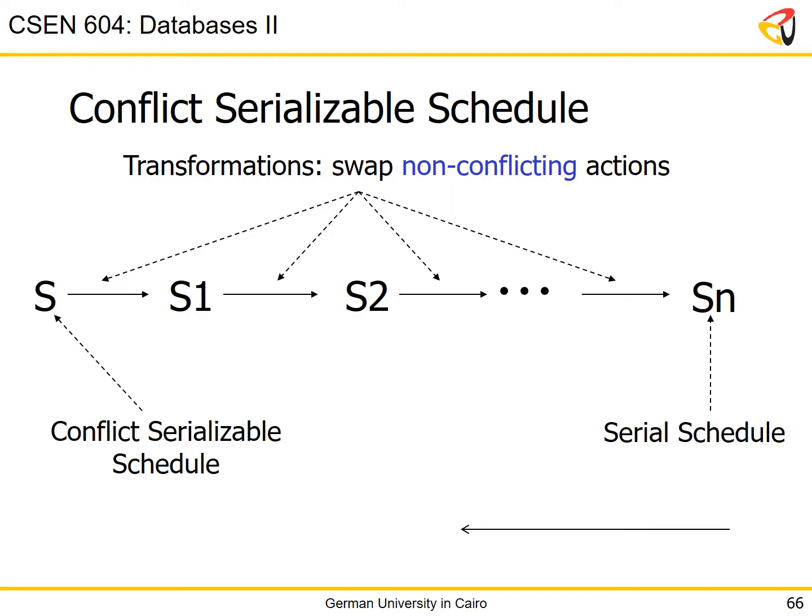It will put the reads and writes, T1 first, followed by T2, followed by T3, or T3 first, followed by T2, followed by T1, and then it will swap non-conflicting steps until there are no further things to swap. And then it will run this as a conflict serializable schedule.